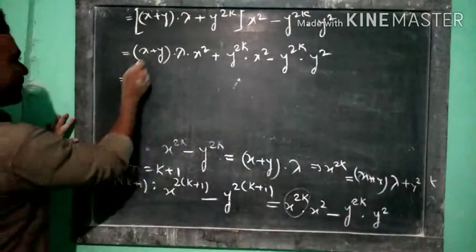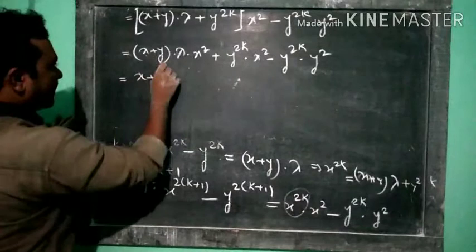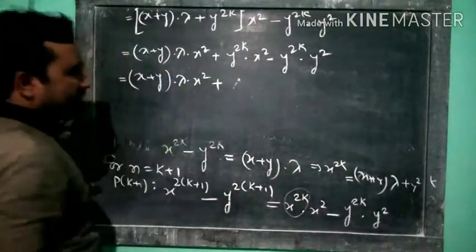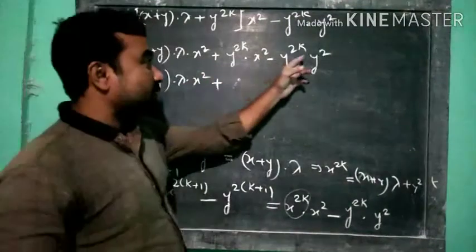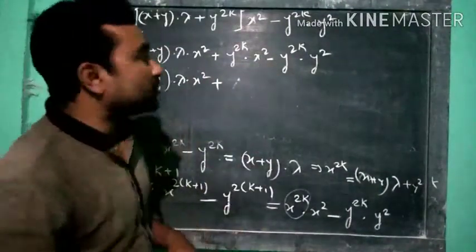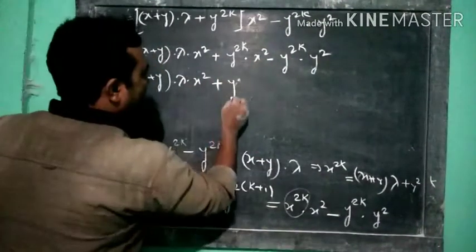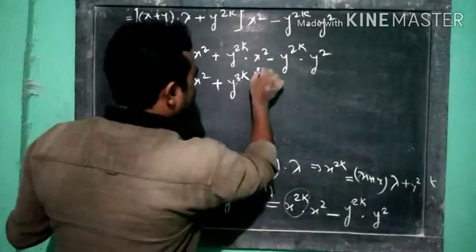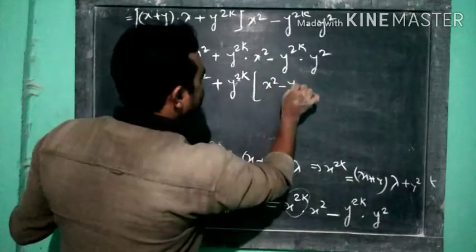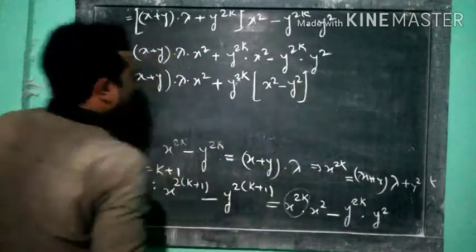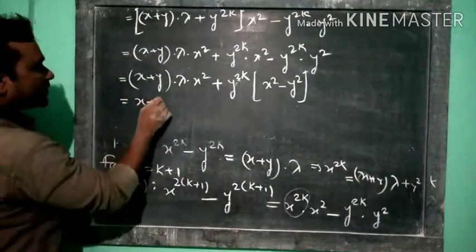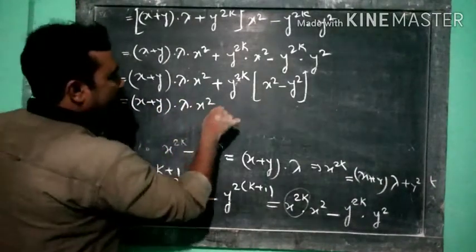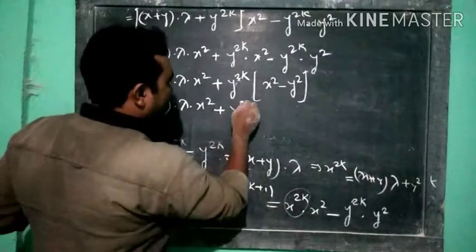So this is equal to x plus y whole into lambda into x squared, plus taking common y to the power 2k from the last two terms, the remaining is x squared minus y squared. So this is equal to x plus y whole into lambda into x squared plus y to the power 2k.